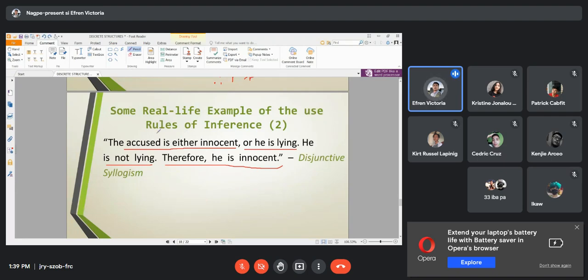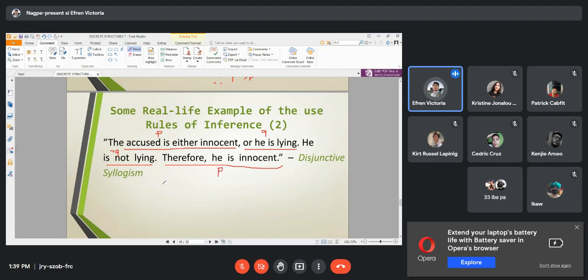Tingnan muna natin ganito. P. Then ito ay Q. So he is lying. So he is not lying. So ito ay not Q. Therefore, he is innocent. Then, P.